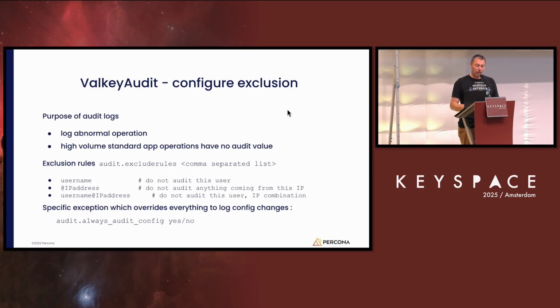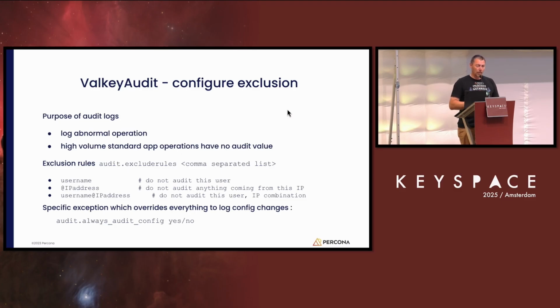So there was one corner case. Let's say your application is expected to do key commands, and you excluded your application username, or you excluded the IP address of your application server.